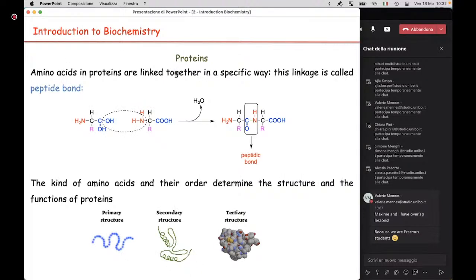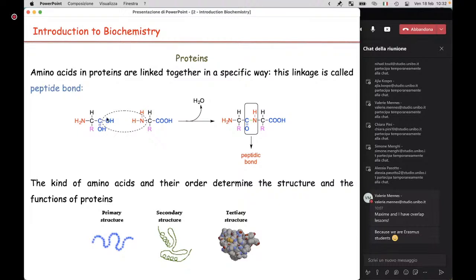Okay. How are proteins formed? It is a simple reaction between the carboxylic group of one amino acid and the amino group of the other acid.